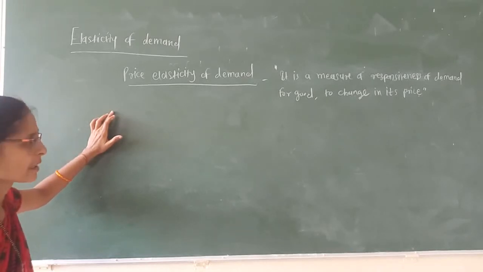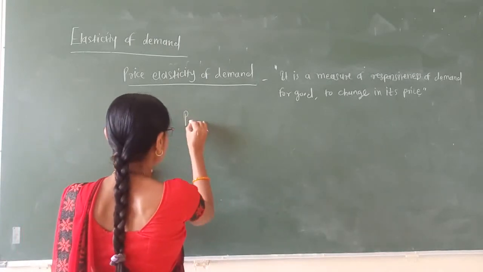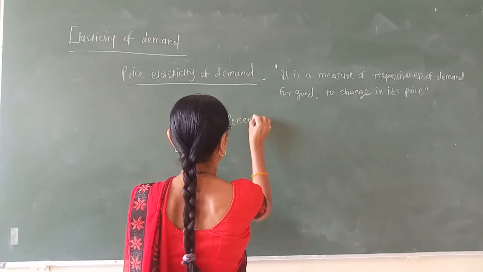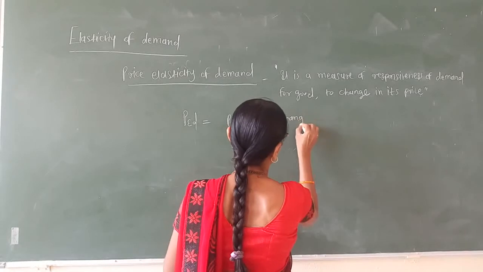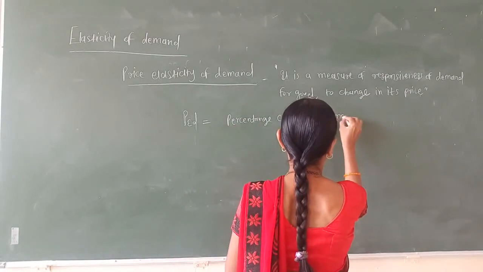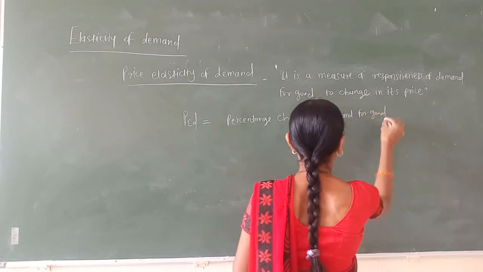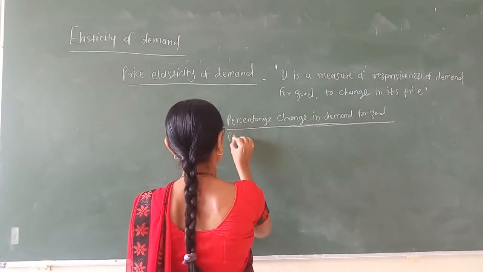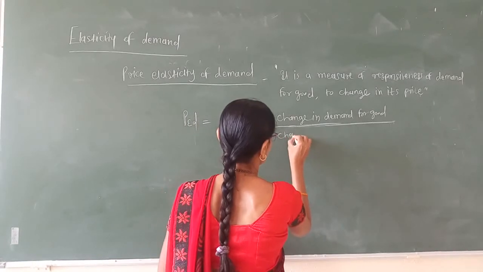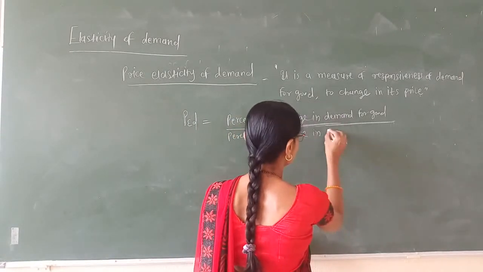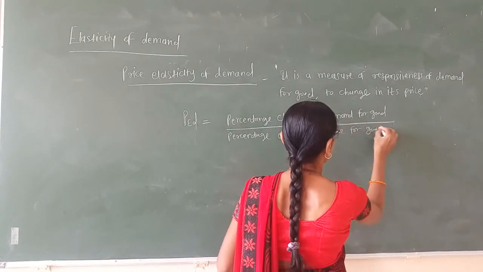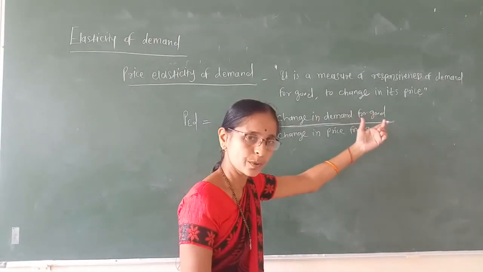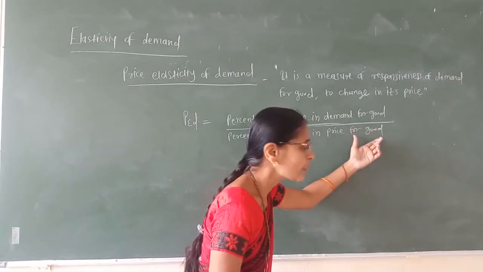So the price elasticity of demand is expressed like this: the percentage change in demand for a good divided by the percentage change in price for the good.